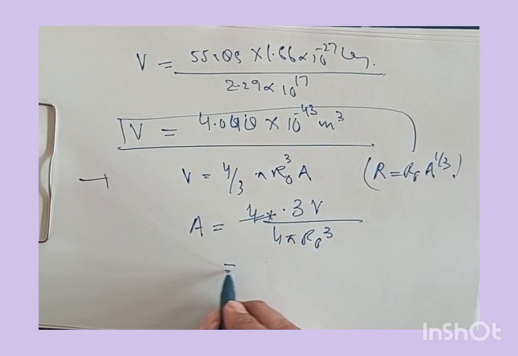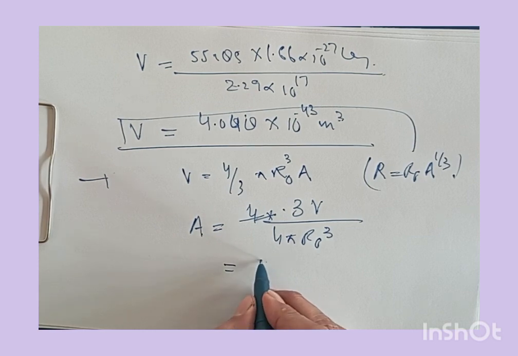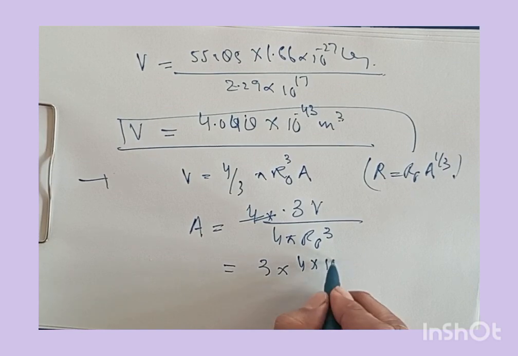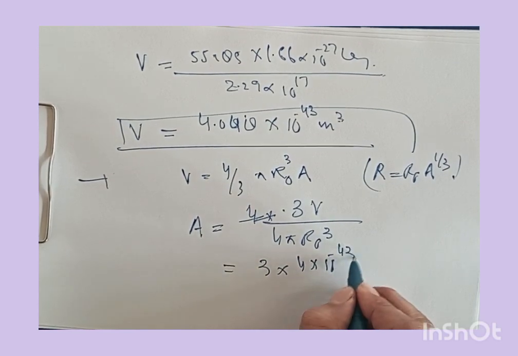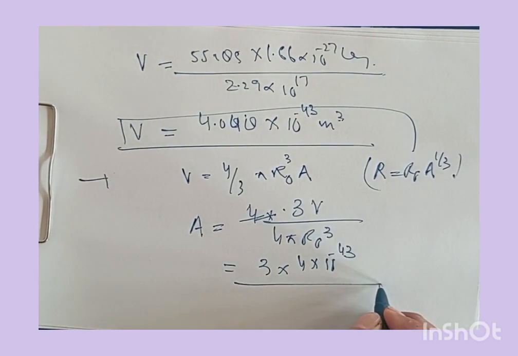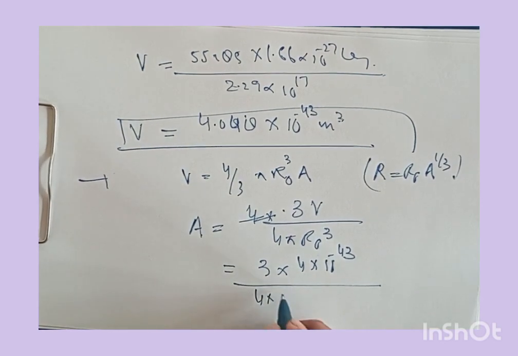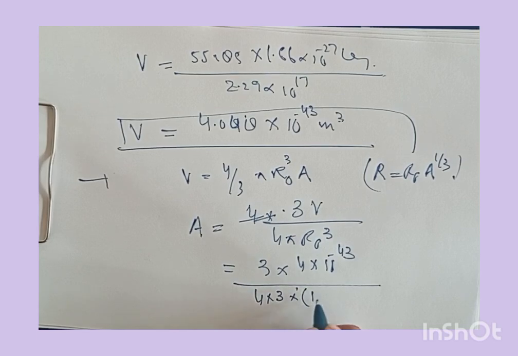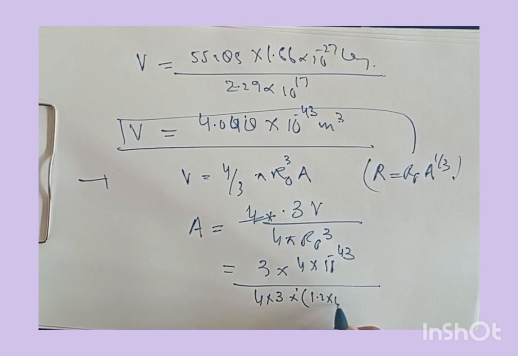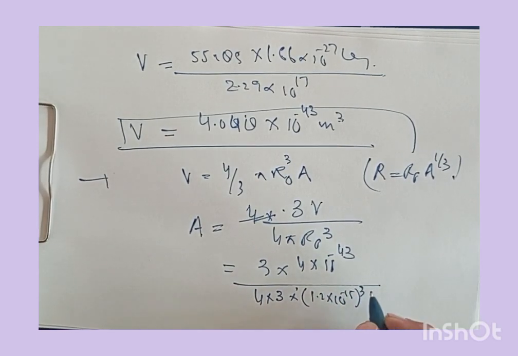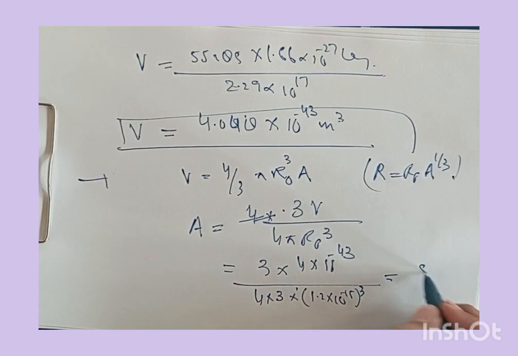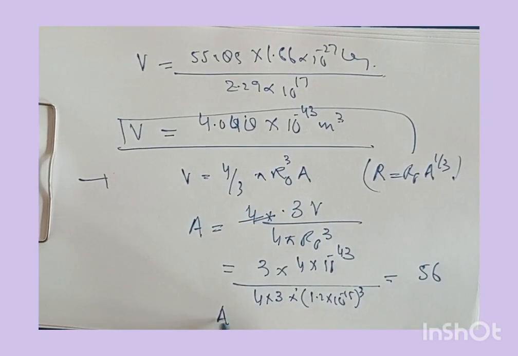When we substitute the values here, that is 3 times the volume of the nucleus, which is nearly 4 times 10 to the power of minus 43, divided by 4 times 3.14 times 1.2 times 10 to the power of minus 15 whole cube. This is going to give us a value close to 56. So the mass number of iron comes out to be 56.